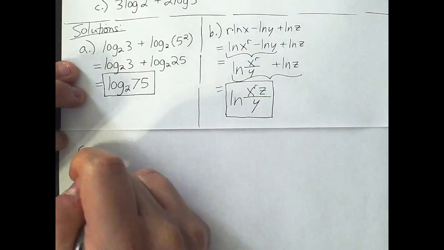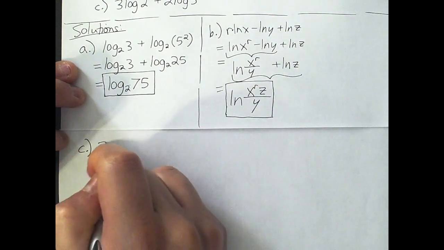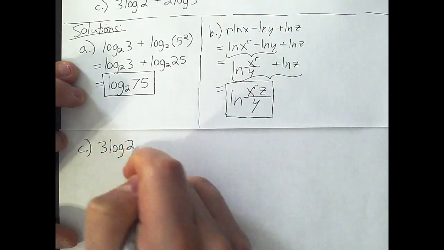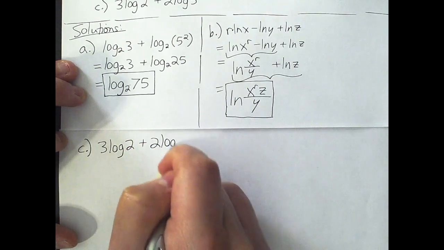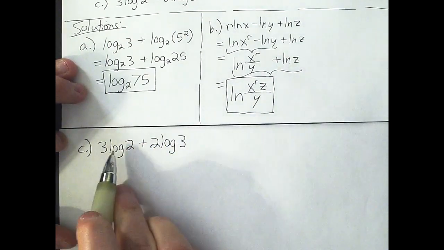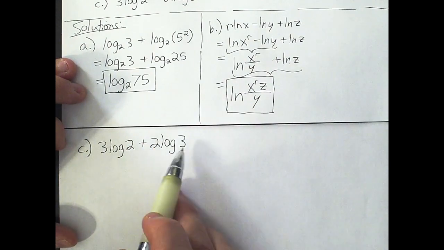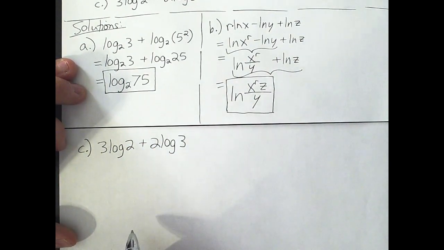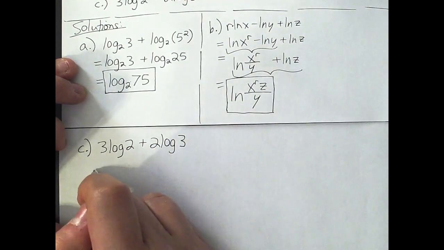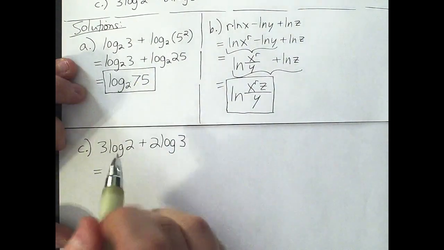All right. Problem C. 3 log 2 plus 2 log 3. Individually, these pieces are hard to figure out by hand. Base 10, like 10 to what power is 2, 10 to what power is 3. We don't really know, but let's not try to deal with that. Let's just try to combine.